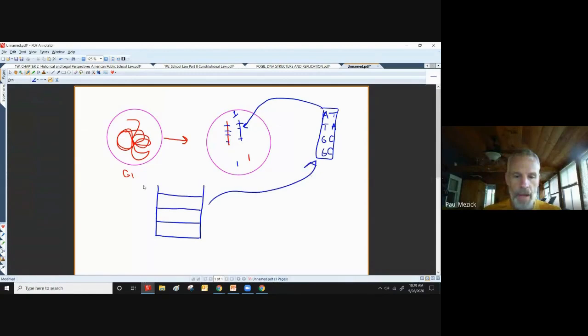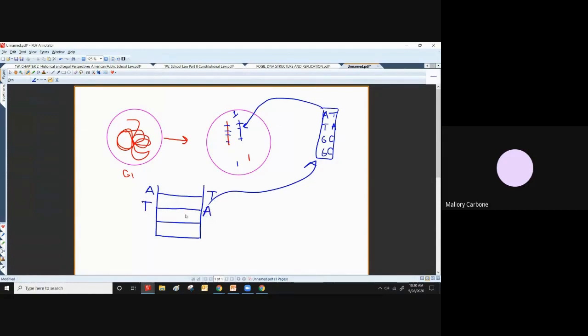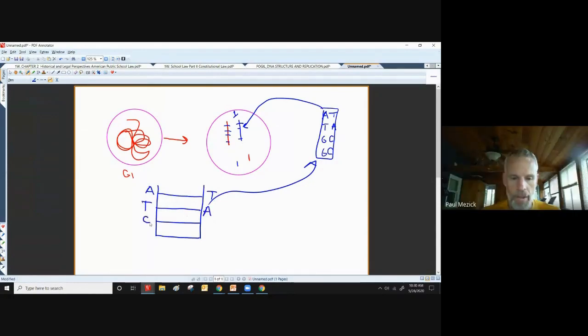And on this side, let me make sure I do this right. Okay, we have an A and a T. And we have a T. You see what I'm doing, right? Yeah, you're making that ladder form. I'm making that ladder again. G, and we have a C, and we have a C.